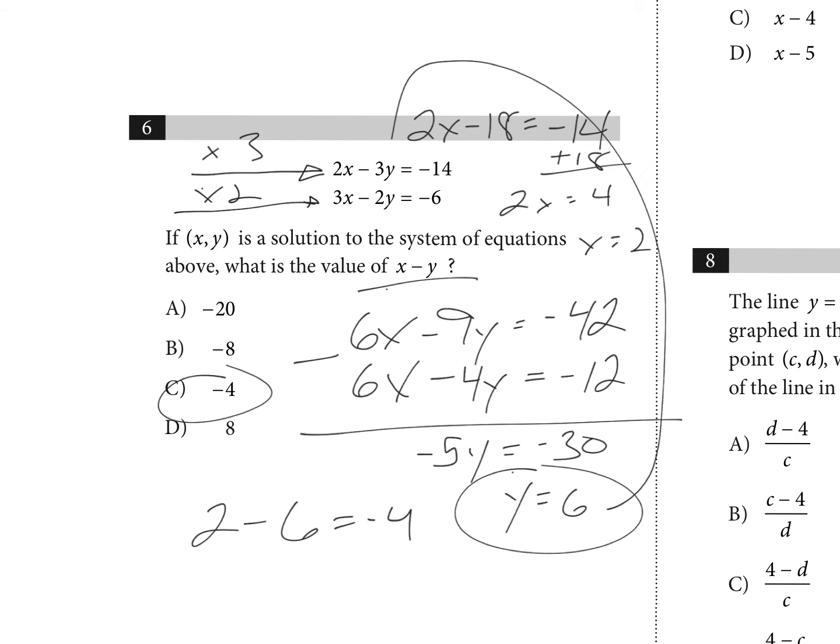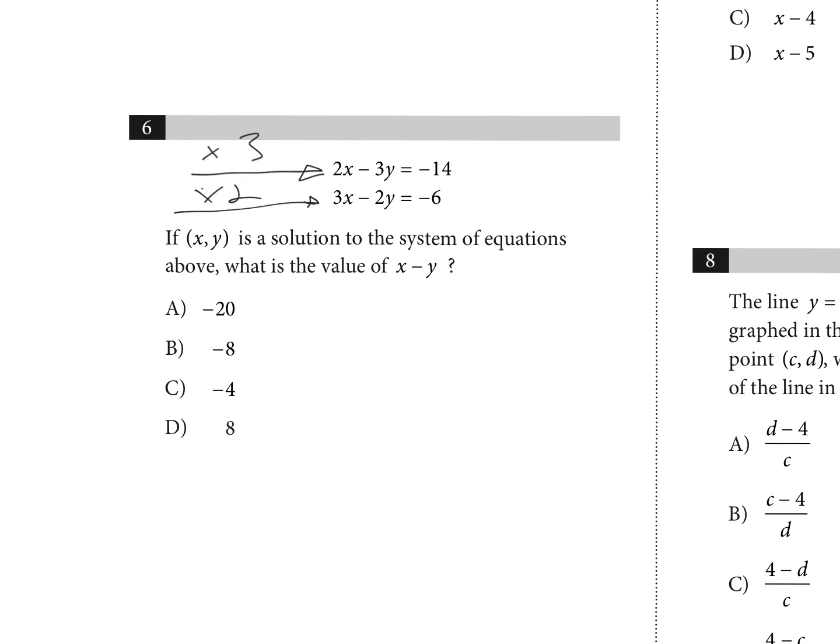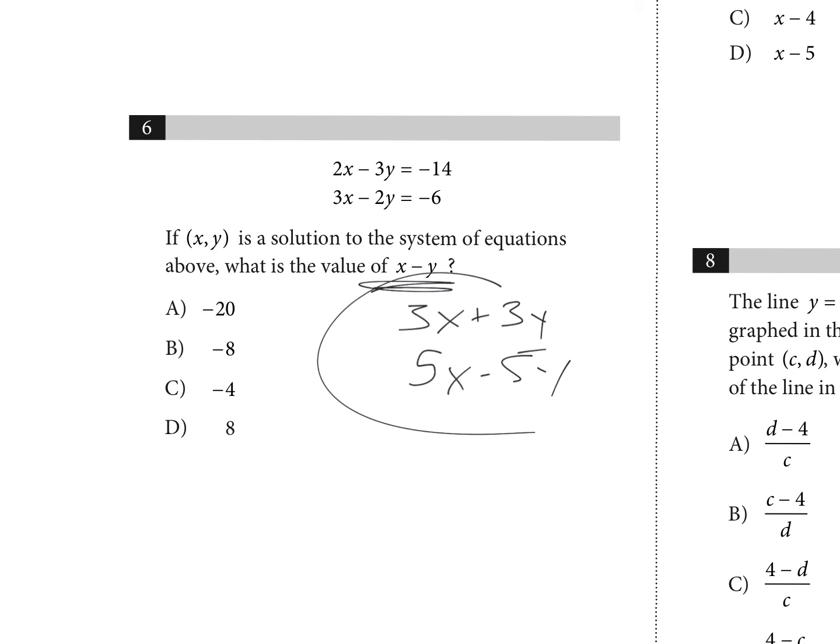But is there another approach that we could take? Sure. Here's what it is. When they telegraph this, they want x minus y, or you might see it as they want 3x plus 3y, or 5x minus 5y. If you see a problem that's in this format, there could be a cheat code.